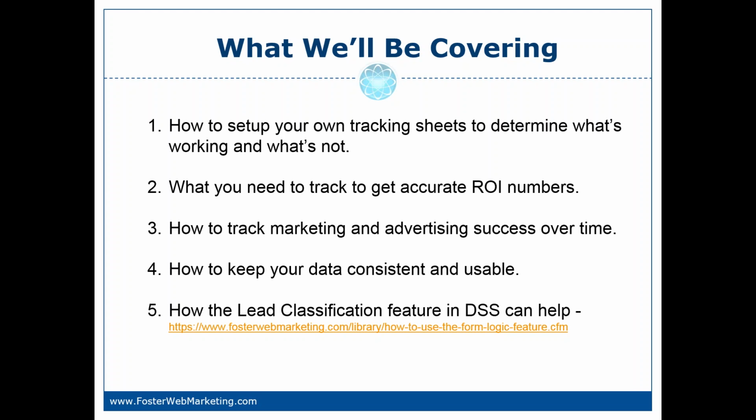And then we want to make sure that your data is consistent and usable. I've seen a lot of tracking sheets where people have used several versions of the same reference point, and things get really messy when you're not consistent. So we want to make sure that all this data is nice and consistent and usable.